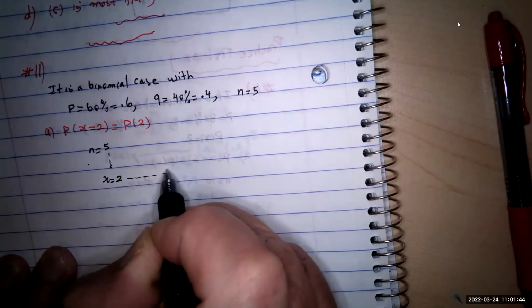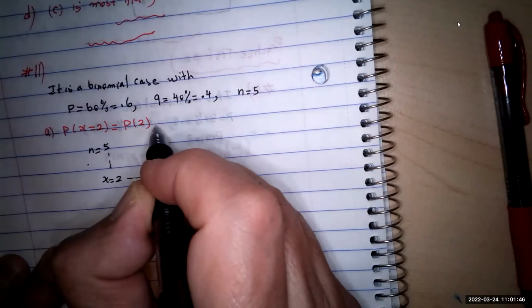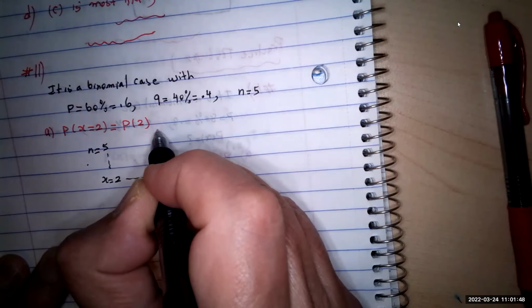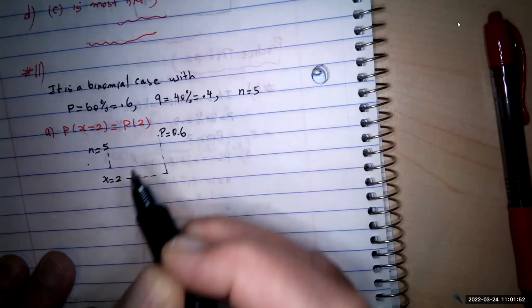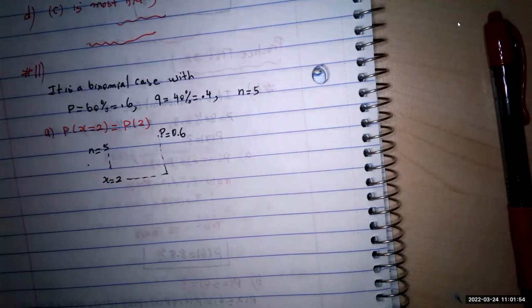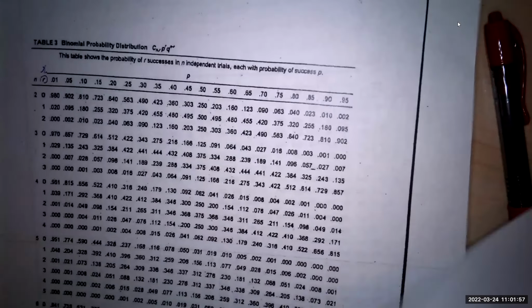So you go and look for the probability of success of 60%, p equal to 0.6, and you read this number. Okay, 5, 2. This is n equal to 5, x equal to 2, and you go for the 60%. If you go for the 60%, the number is going to be 0.230.